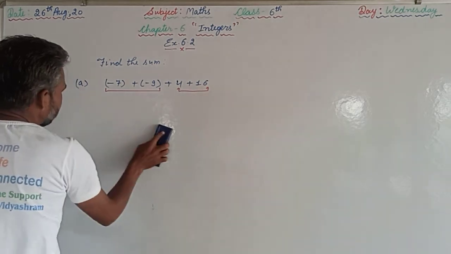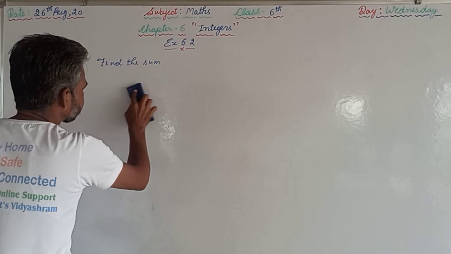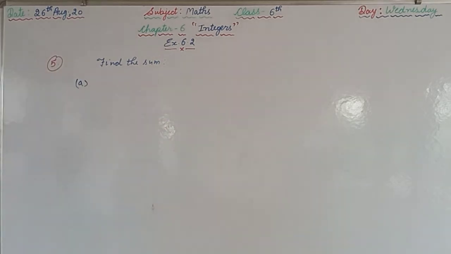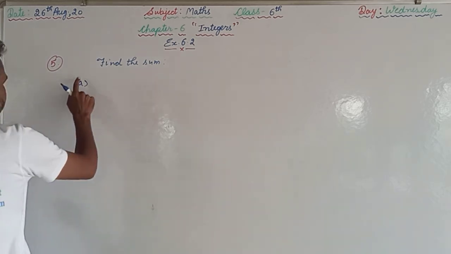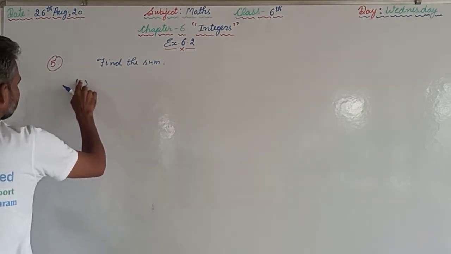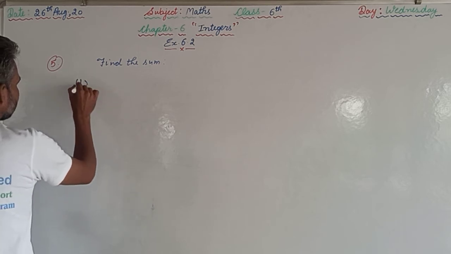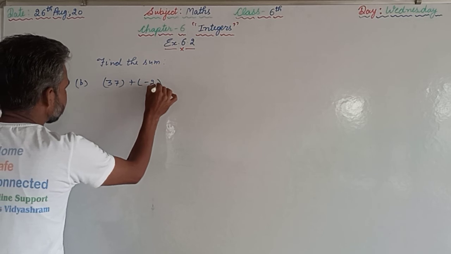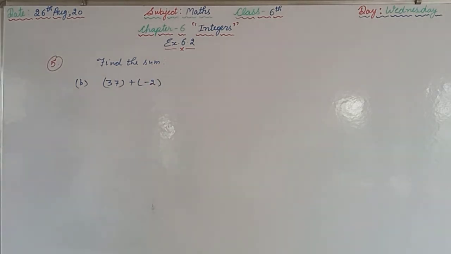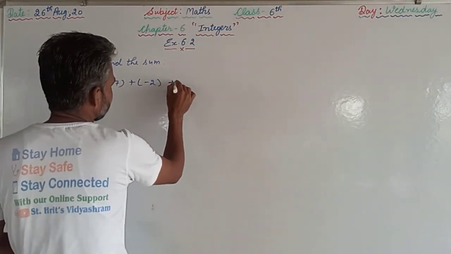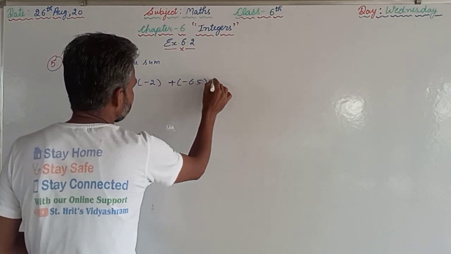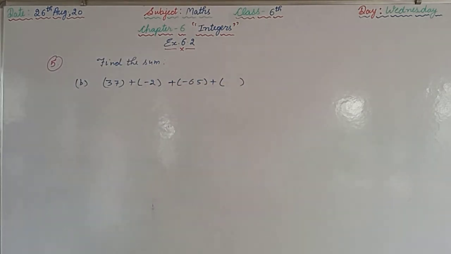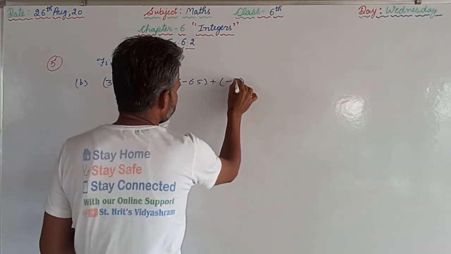Now we will see part B of this question, that is 37 plus minus 2, then plus minus 65, plus at last it is given minus 8.